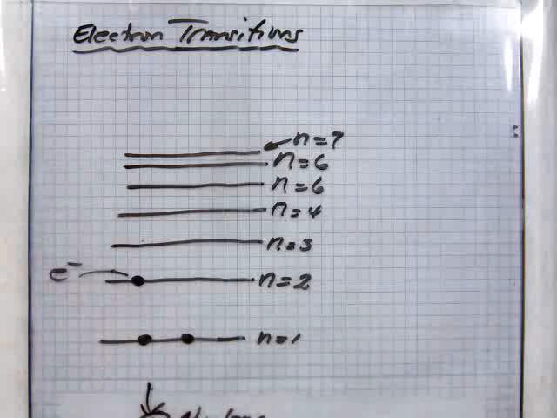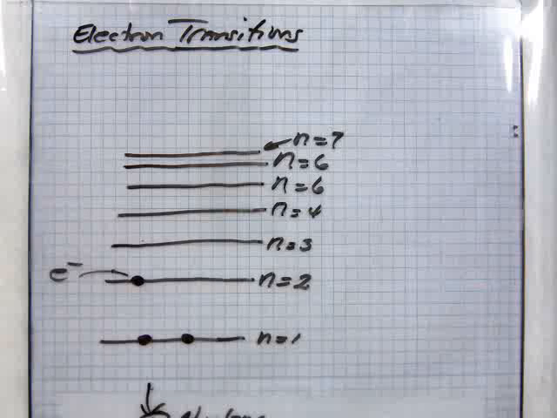Now listen to this. This is an important term. When all of the electrons for a given element are placed in the lowest available energy levels, it's called the ground state.